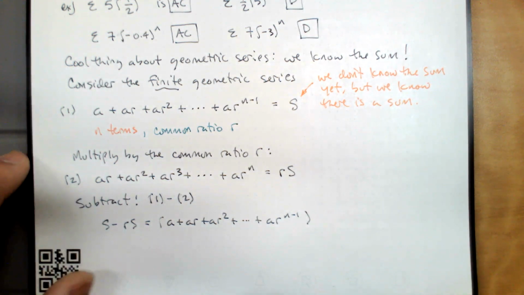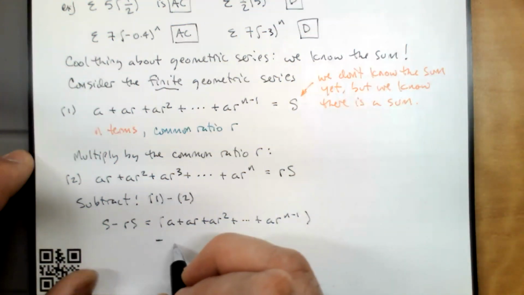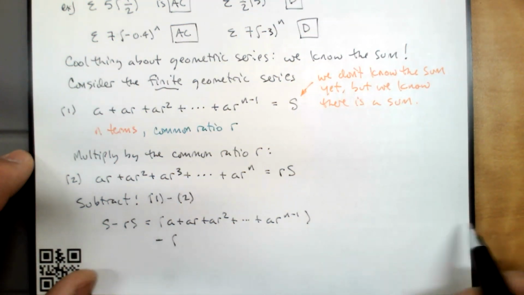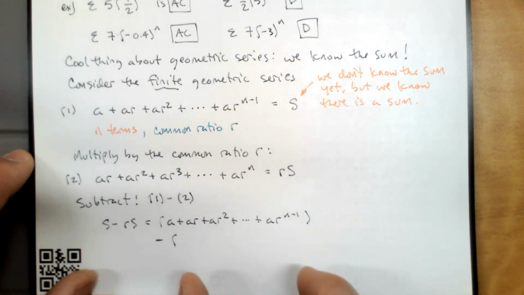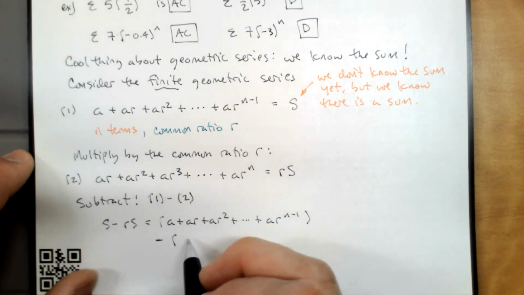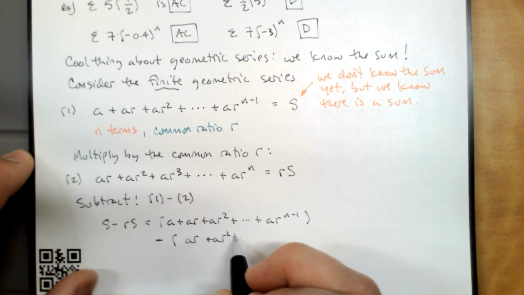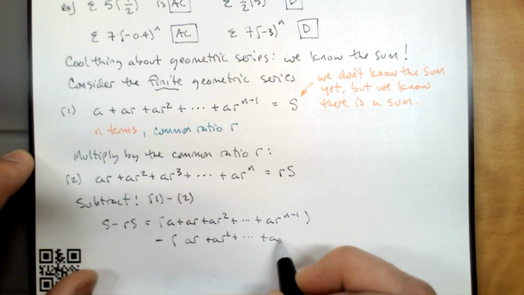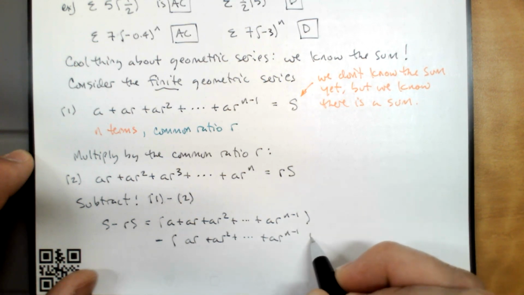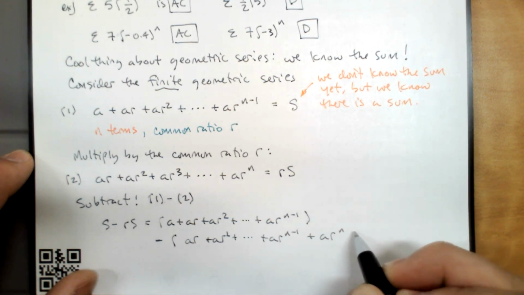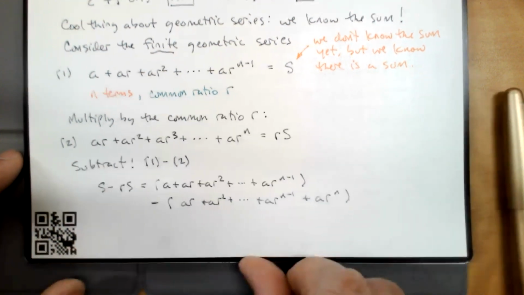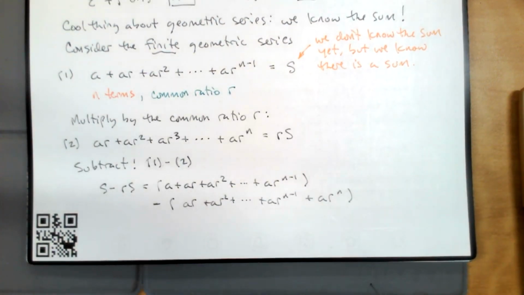What we're going to notice, I don't have enough space to write it here, so I'm just going to write it underneath, and secretly line up the things that are going to cancel out.